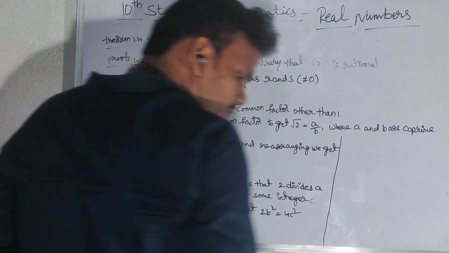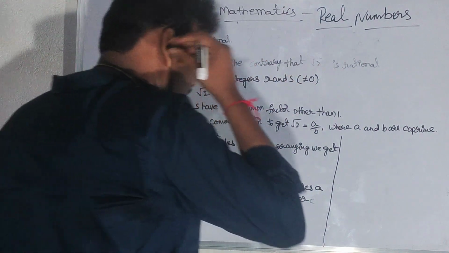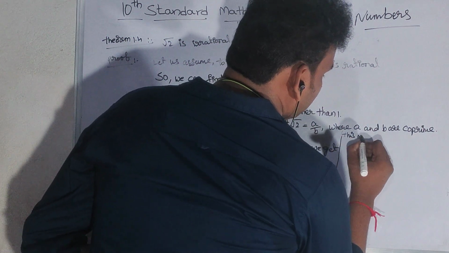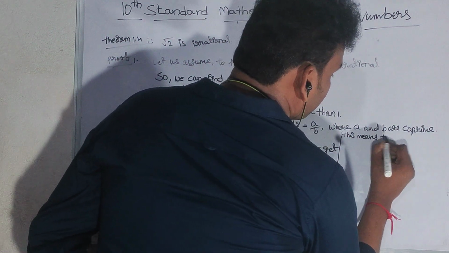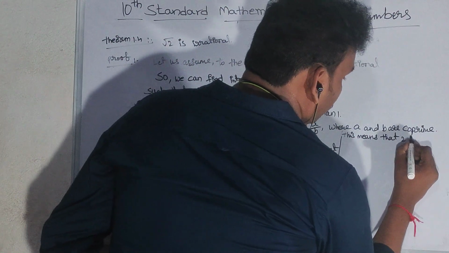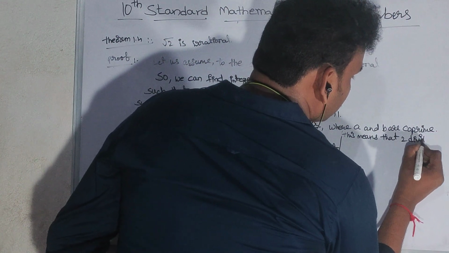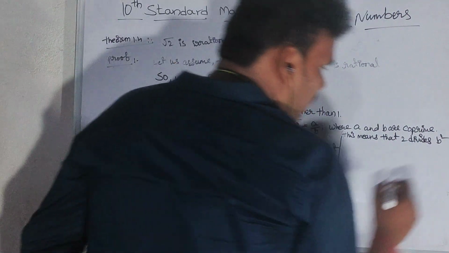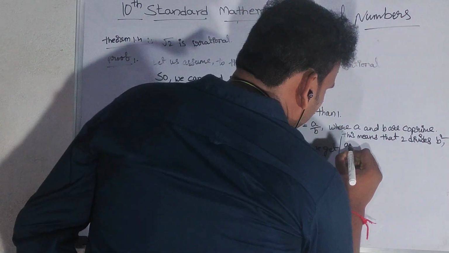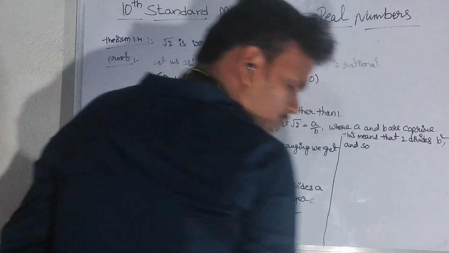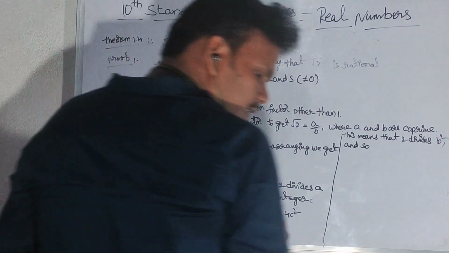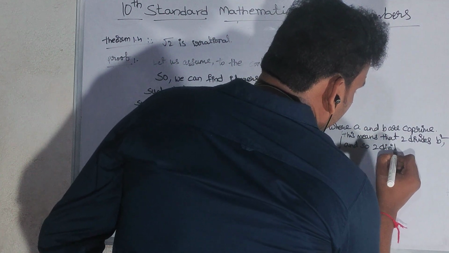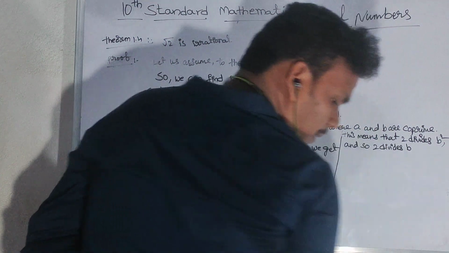This means that 2 divides b square, and so 2 divides b.